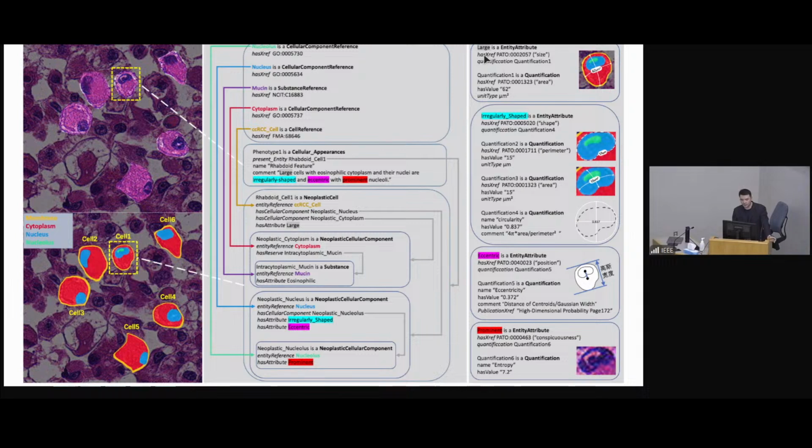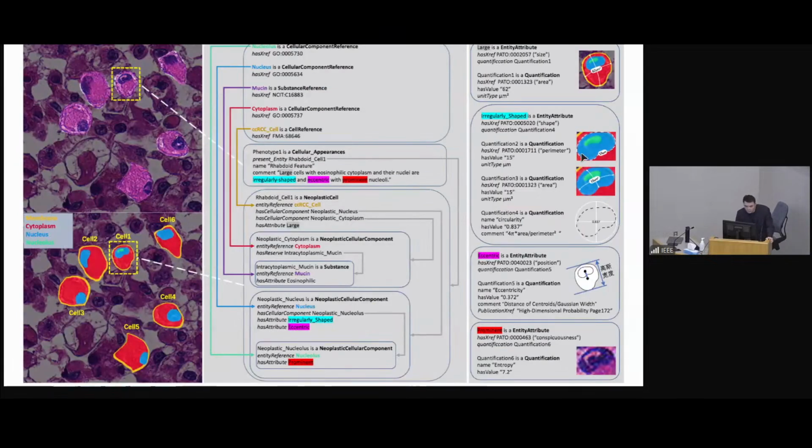For example, to describe large, we can create a large instance and link it with a quantification instance, which gives the size of this cell. And for irregularly shaped, we can calculate the roundness of this cell to objectively characterize how irregularly shaped this cell is.